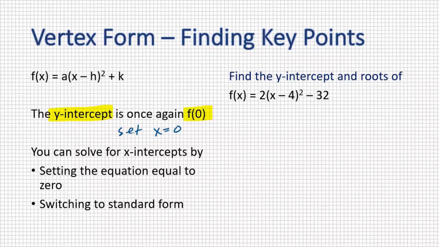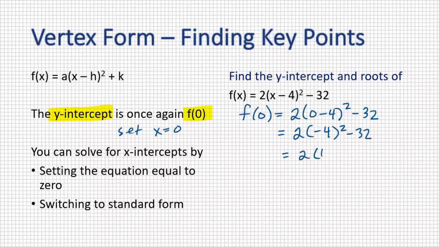So to find the y-intercept of the function we're given here, f of x equals 2 times (x minus 4) all squared minus 32, we want to solve for f of 0. So we have 2 times (0 minus 4) squared minus 32. The y-intercept does take a little bit more work here than it did in standard form. We have 2 times negative 4 squared minus 32.